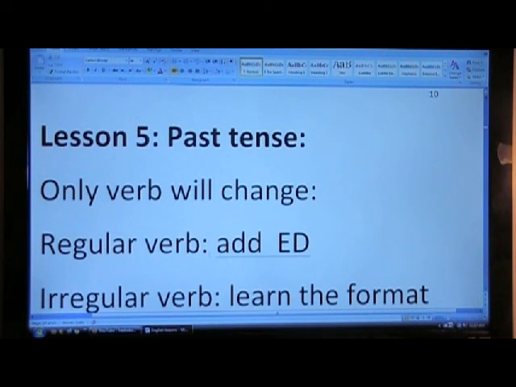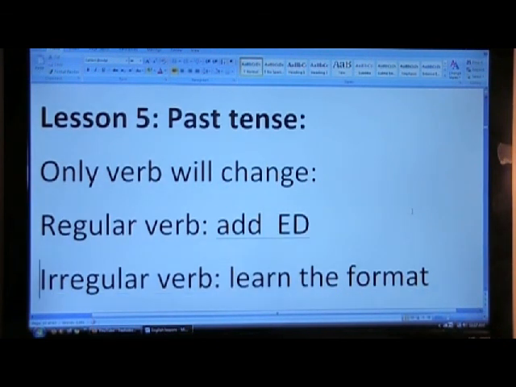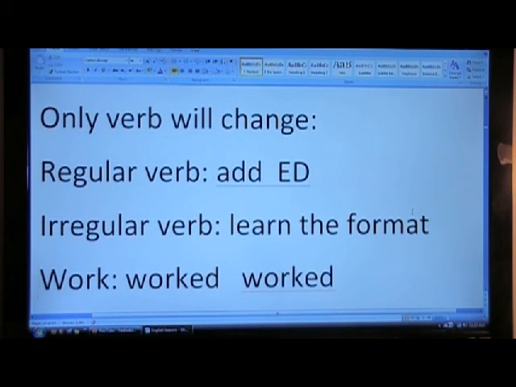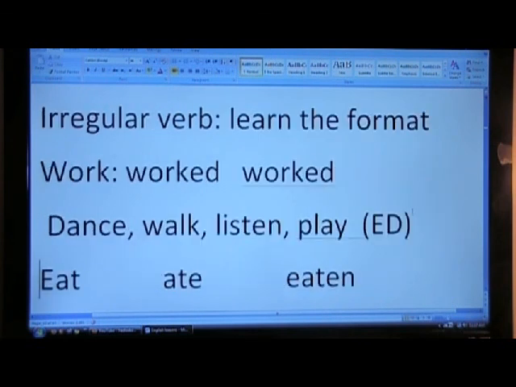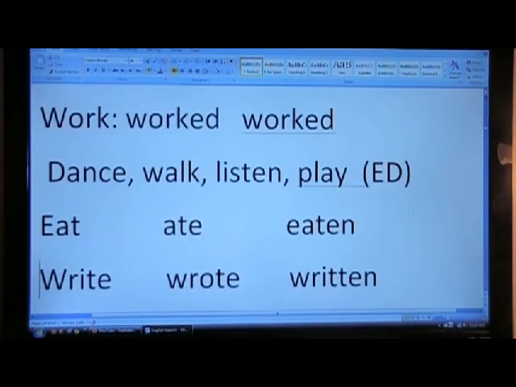Regular: we add ed at the end of the verb to make it past tense. If it is an irregular verb, we need to learn the format. For example, work is a regular verb, becomes worked.